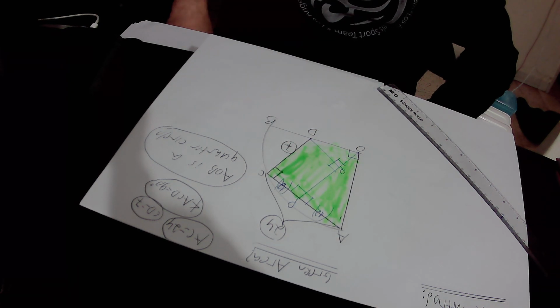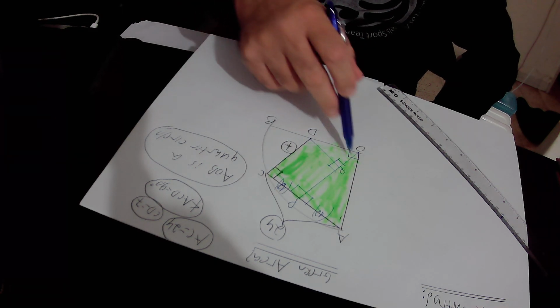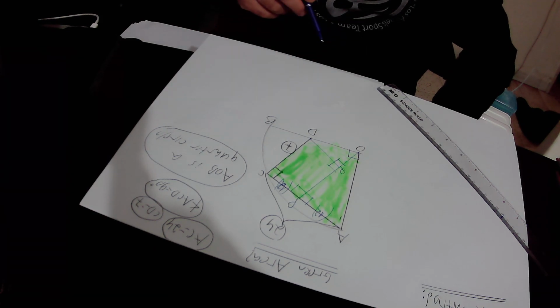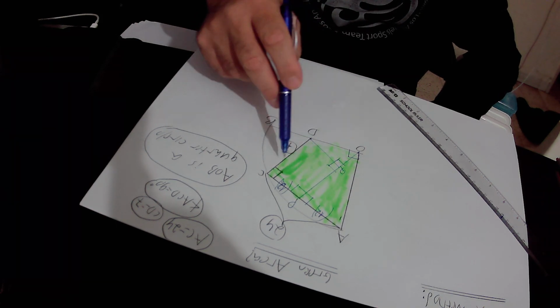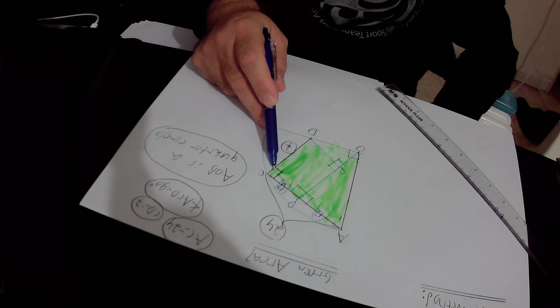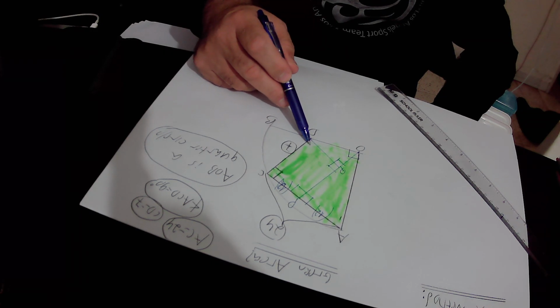Actually, we created here quadrilateral QPCD. Inside quadrilateral QPCD, we have 1, 2, 3 right angles. This angle equals 90 degrees according to what is given in the question. The sum of 3 right angles is 90 times 3, which is 270 degrees, plus the size of this fourth angle.